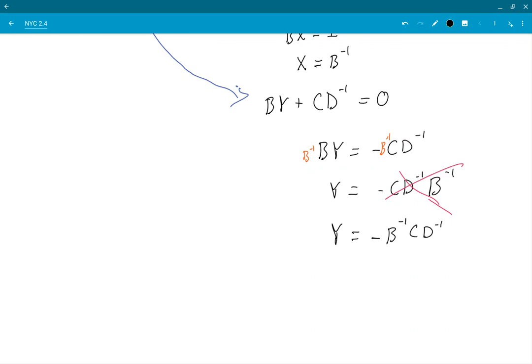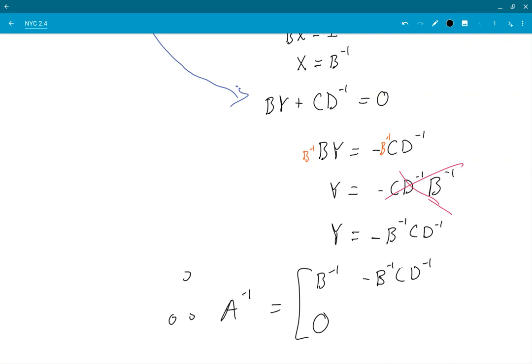I have my matrix A inverse, which was x, which is B inverse, which I found up here. And then I had y, minus B inverse C D inverse, and then z. Z was 0, I believe.